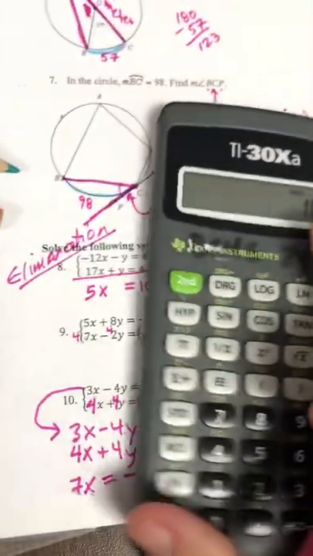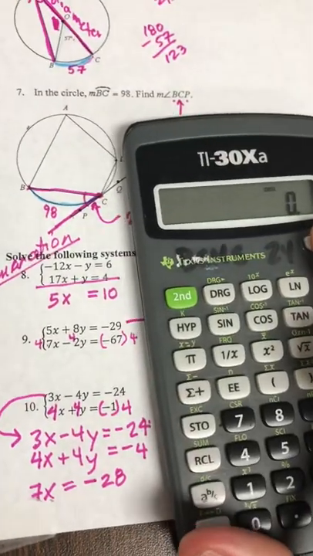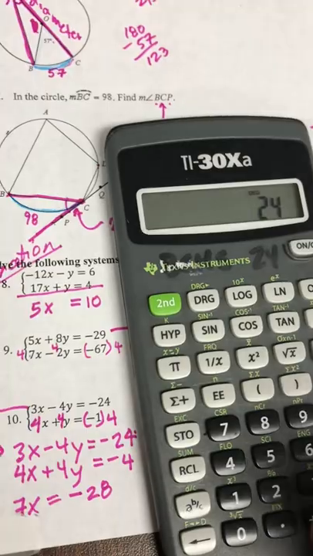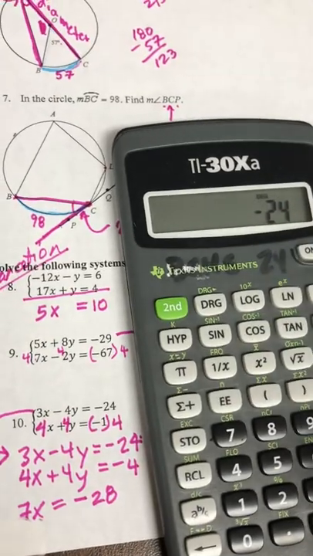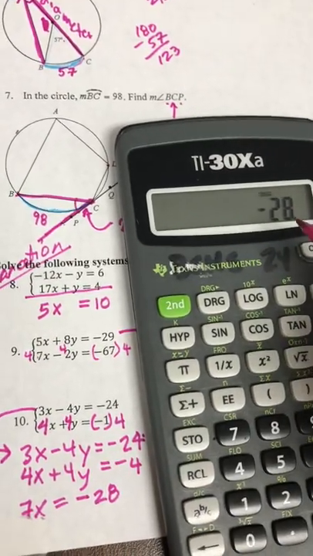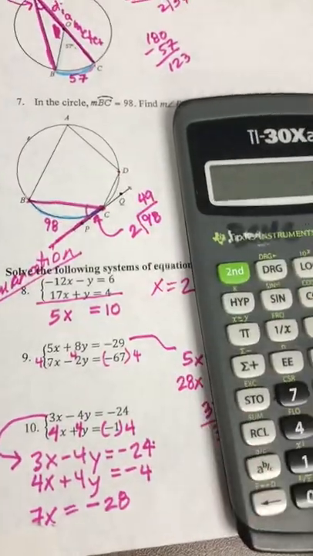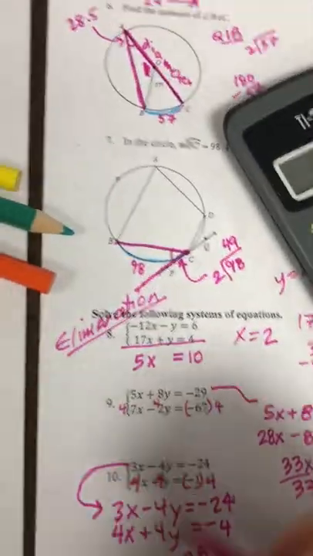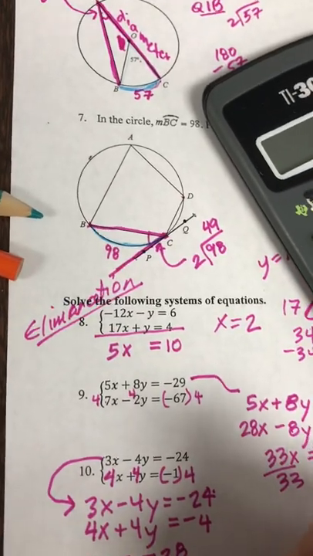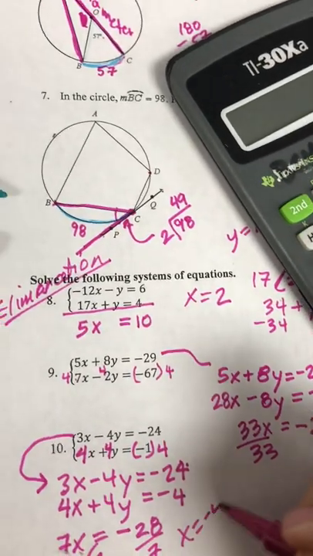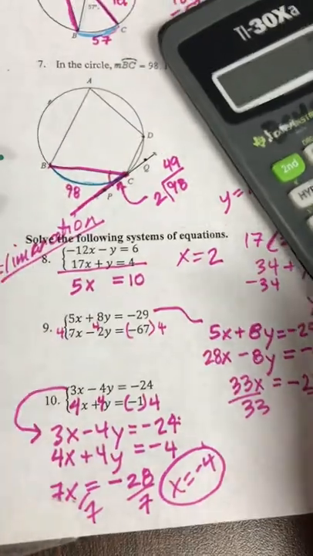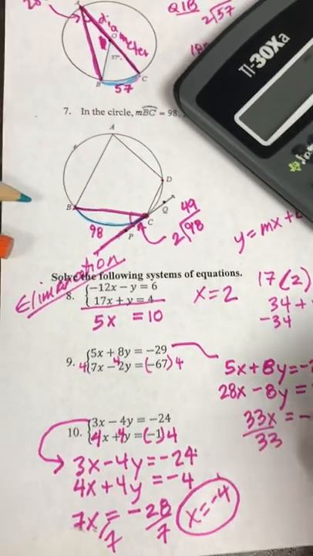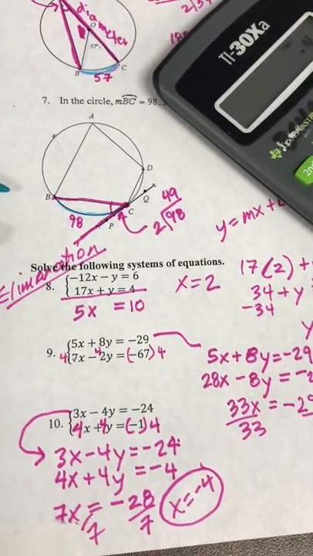Be so careful with those positive and negative numbers. Negative 24 minus 4 would be negative 28. Okay, now divide by 7, we get negative 4. Voila. So we've solved the mystery of the x.